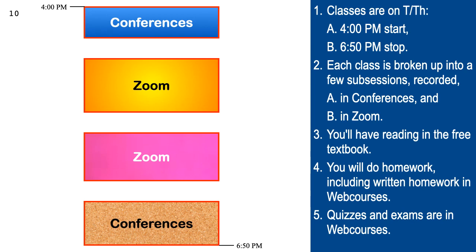And one more thing to emphasize, the quizzes and the exams, you'll have a specific set of time. You won't have a full day to slot in 60 minutes on a quiz or a test, a midterm exam. You'll have adequate time in the 4 p.m. to 6:50 p.m. class time. And that's the way it would work if we were meeting under regular conditions.